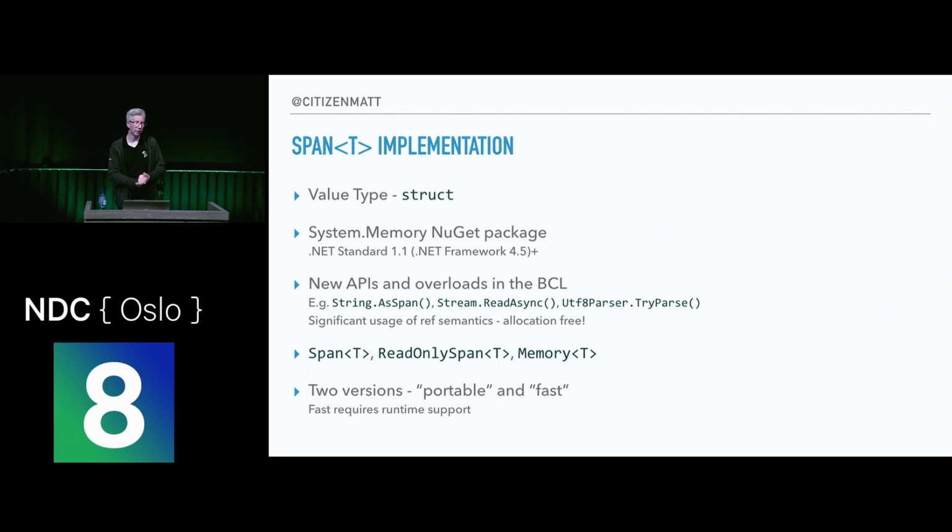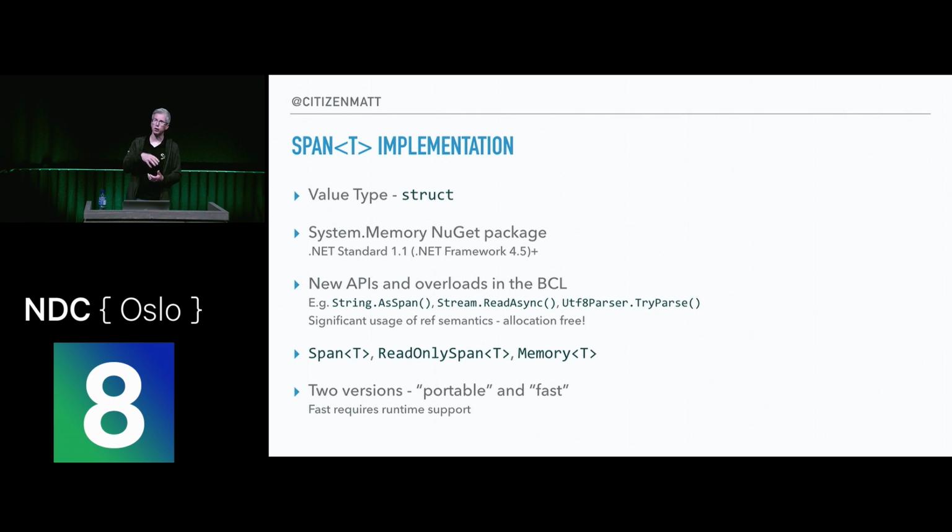It's available as a NuGet package for .NET Standard 1.1, which means .NET Framework 4.5 and above. I've lost track of whether it's built into .NET Standard. It's built into .NET Core 2.1 and above. I think it's in the standard, I forget now. But there's also a whole load of new APIs and overloads for working with span.